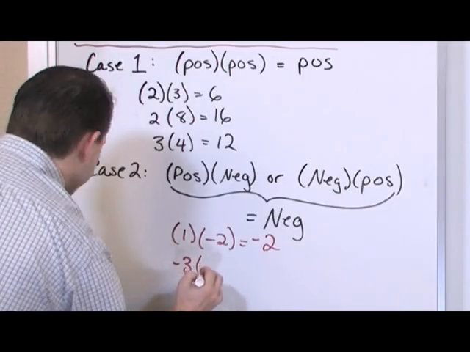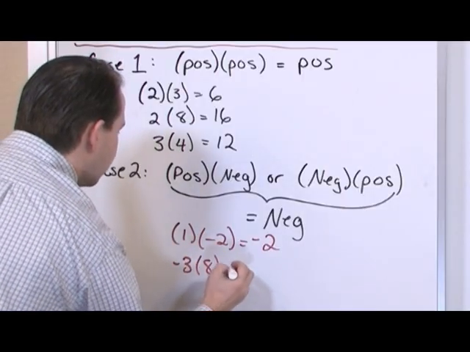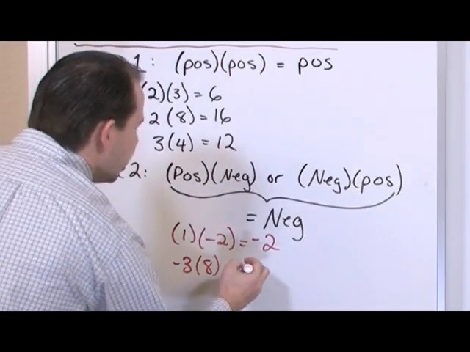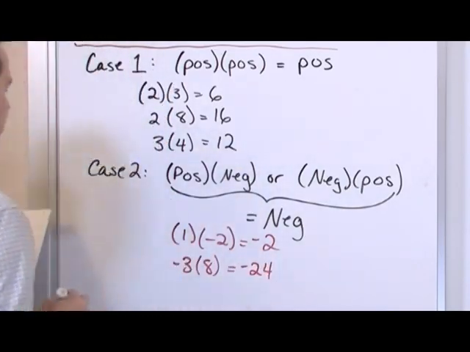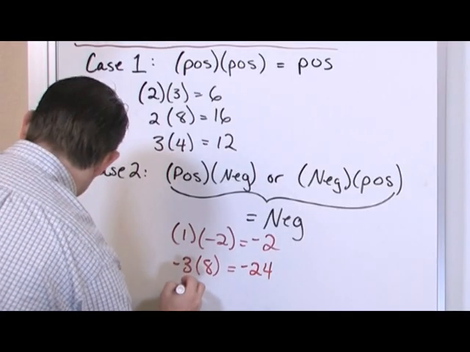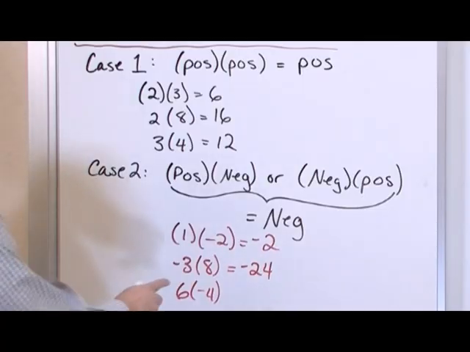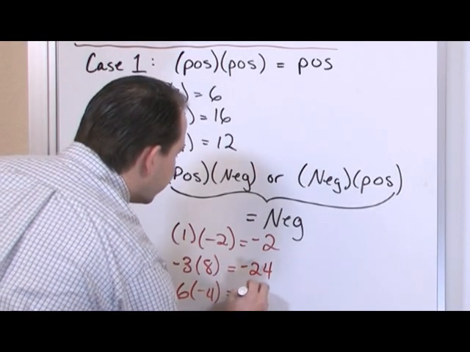Negative 3 times 8. Well, 8 times 3 is 24, but since the signs are different, then you put negative 24. Here we have 6 times negative 4. 6 times 4 is also 24, but since the signs are different, we always put negative 24.